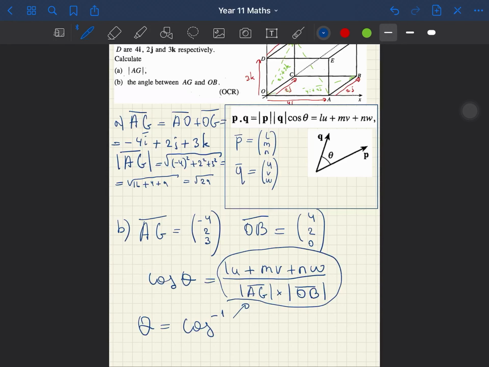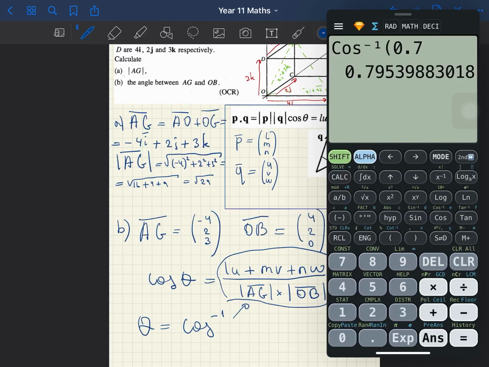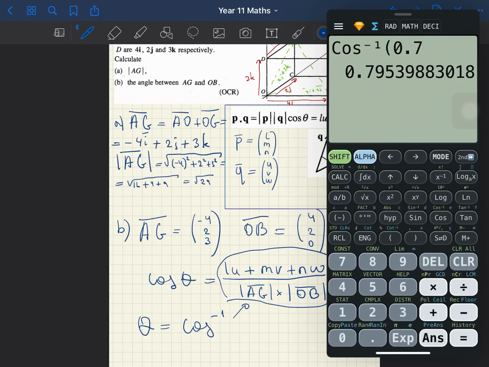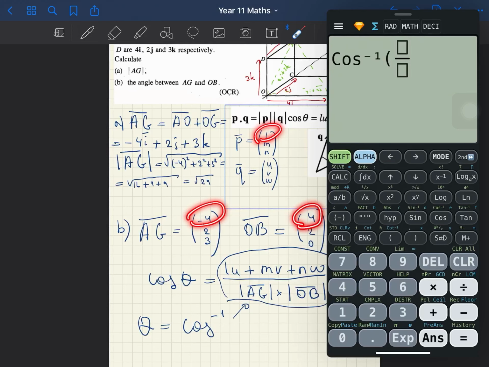So we have our AG and we have our OB together. So LU is minus 4 times 4, so minus 16, 2 times 2 is 4, so minus 16 plus 4, and then 3 times 0 is 0, so minus 16 plus 4 divided by AG.